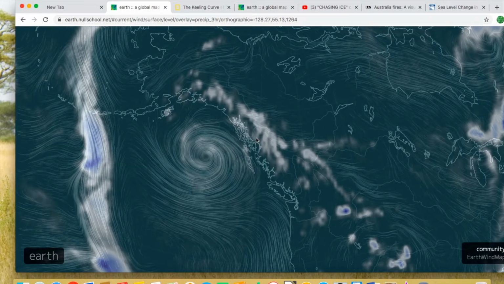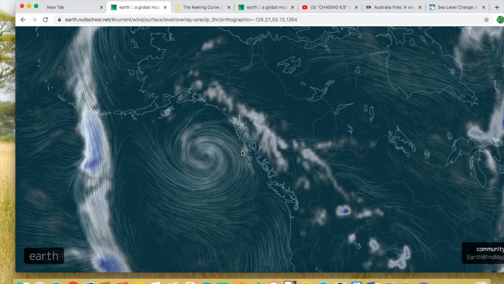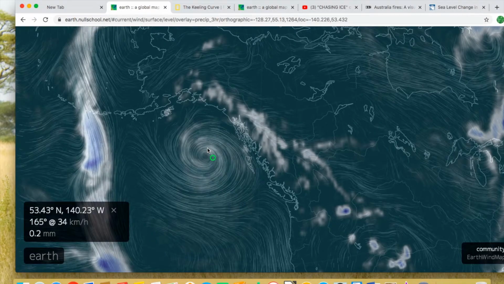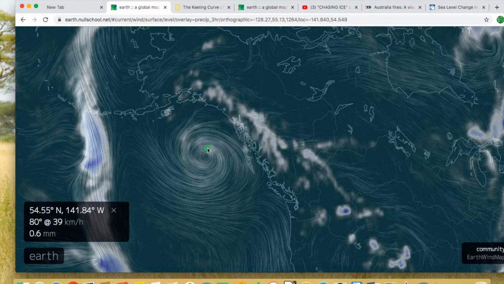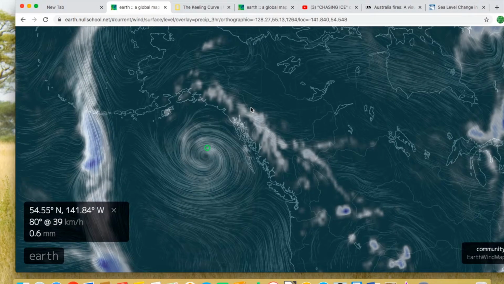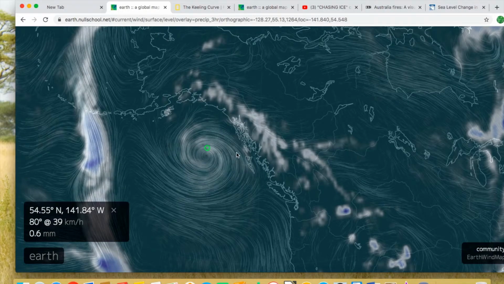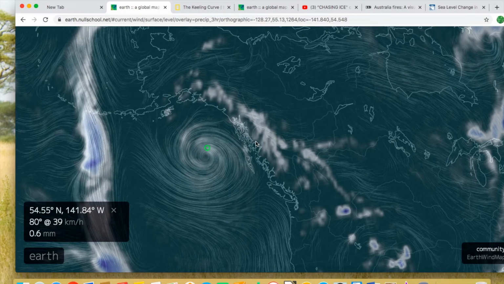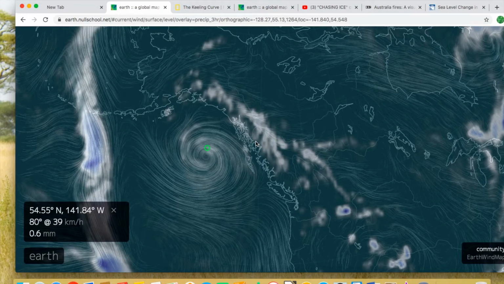These areas of high humidity, what happens with them is they encounter the coastline. When they encounter the mountains along the coastline here in BC, they rise. That warm wet air rising into cold air condenses, and that condensation falls as rain.